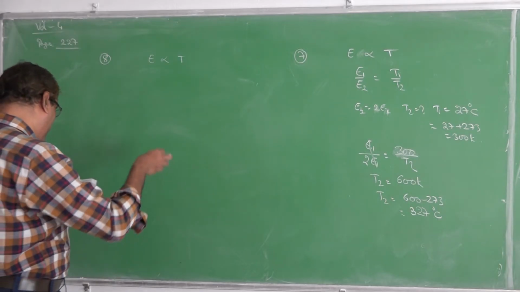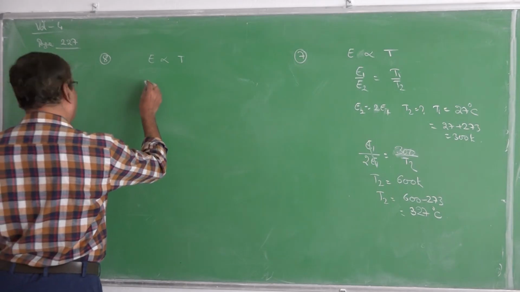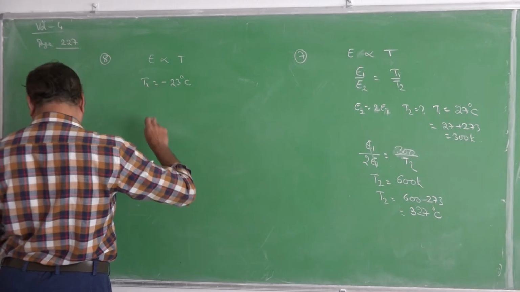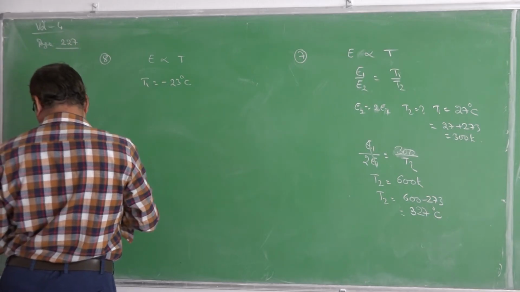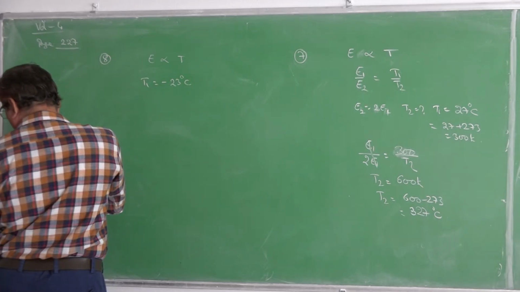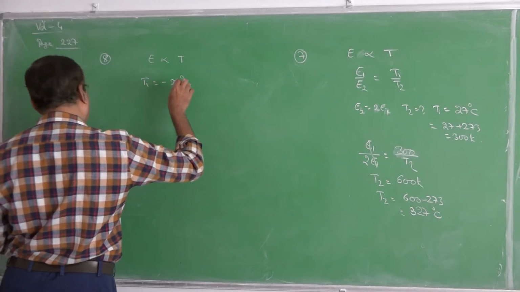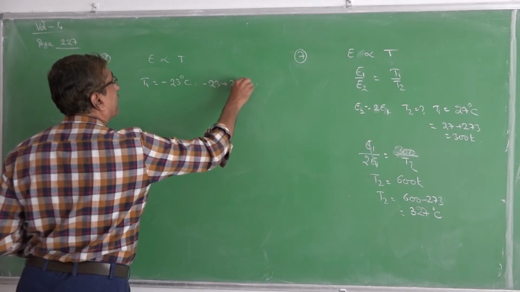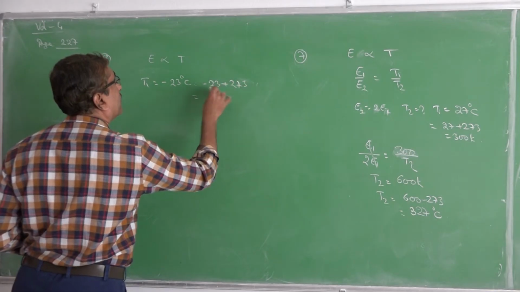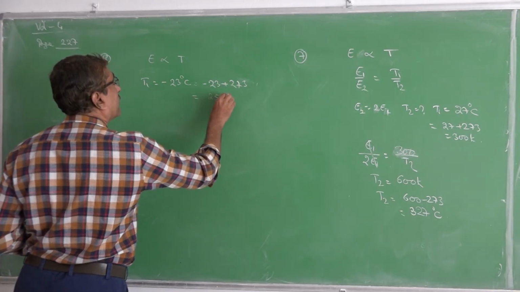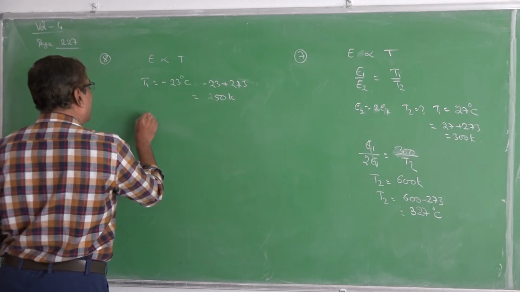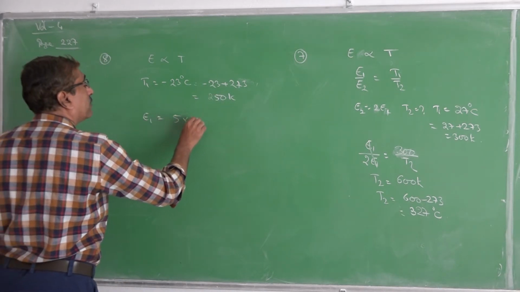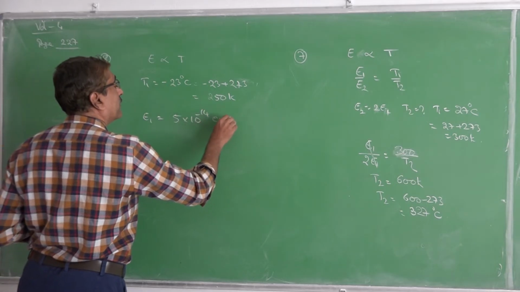In this problem, T1 is minus 23 degrees centigrade, that is minus 23 plus 273, that is 250 K, and E1 is given as 5 into 10 to the power minus 14 erg.